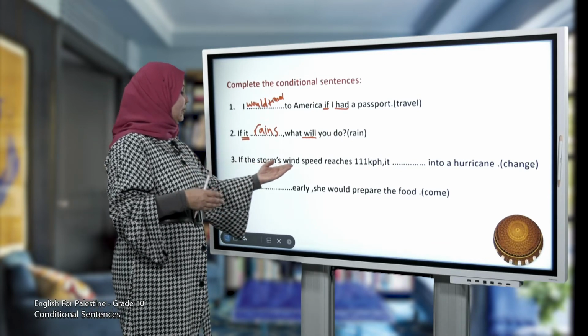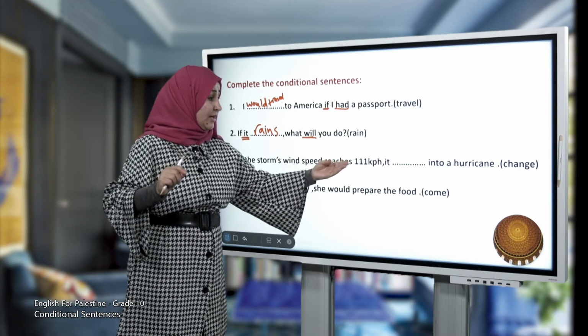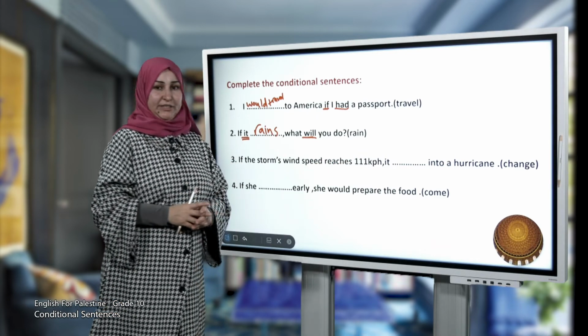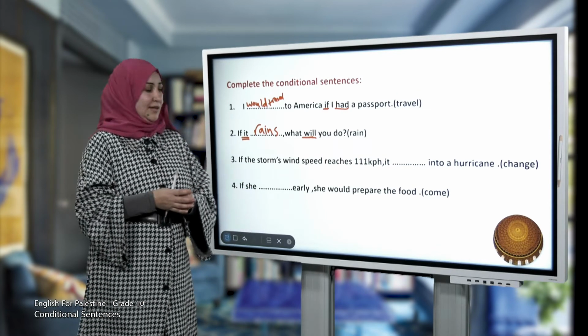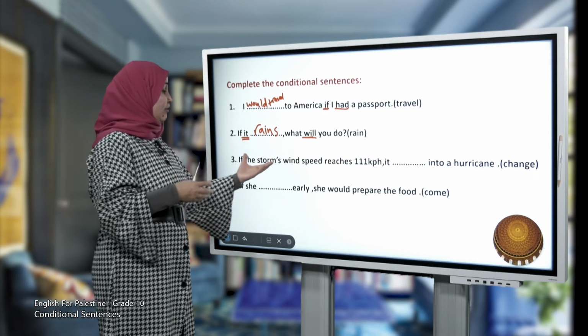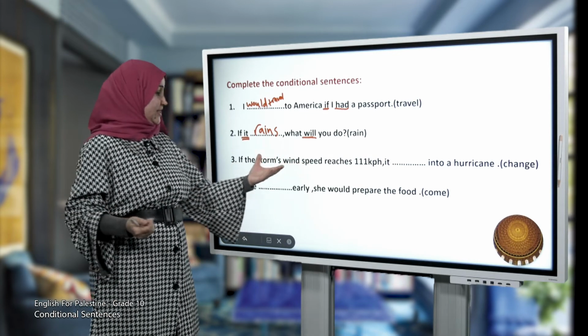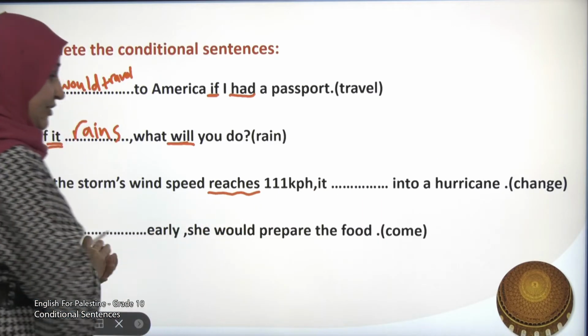Number 3. If the storm's wind speed reaches 111 km per hour, it change into a hurricane. So, again, which type is this sentence? It's type 0. How do you know? It's talking about a scientific fact. The first verb is simple present, which is reaches.